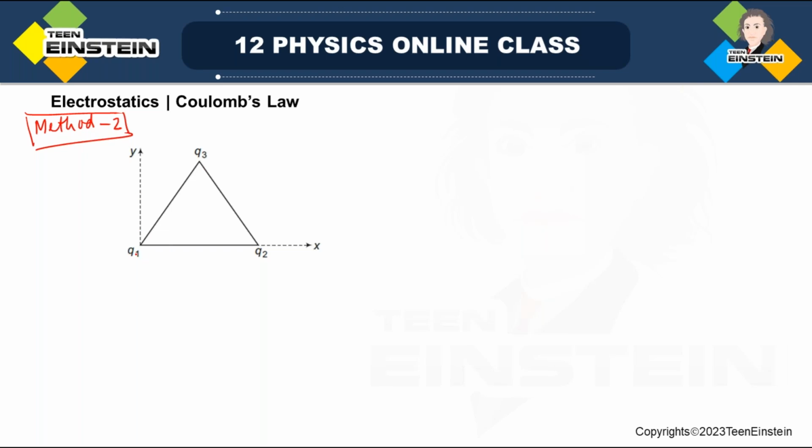We can think of this charge q1 as being at the origin 0 0 0, and this is 1 meter, right? So this could be at 0.5. The x coordinate for this q3 charge is 0.5 meter, and the y coordinate is this one.